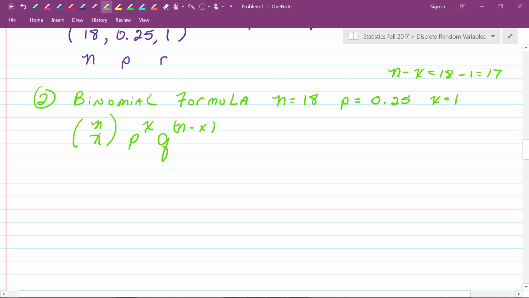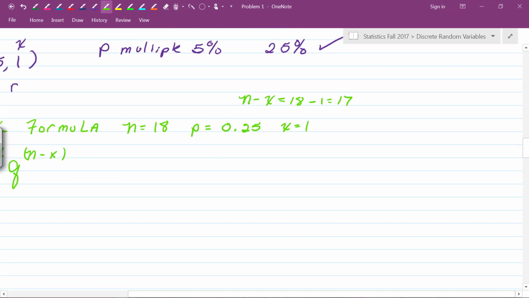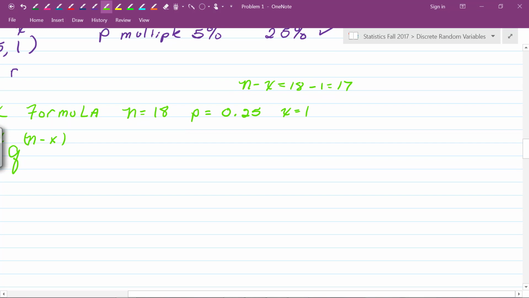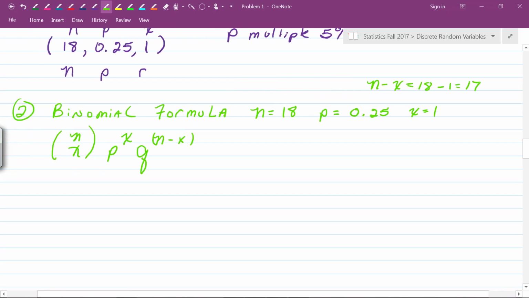And then we also need to know what q is. I shifted, sorry about that. So then we have q, which is equal to 1 minus p, which is equal to 0.75. Alrighty, so that is our information that we need to plug in.